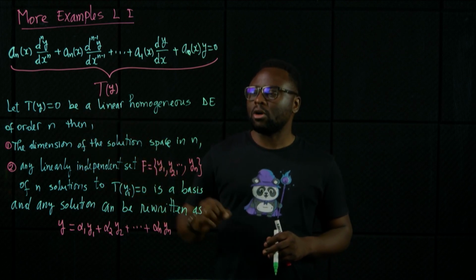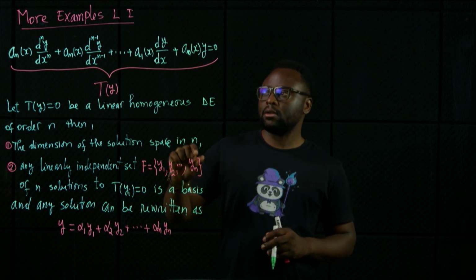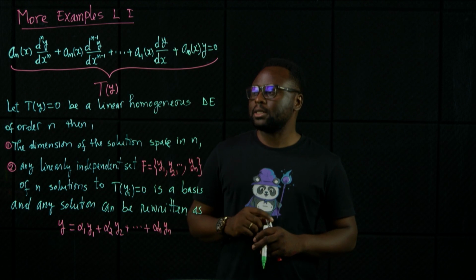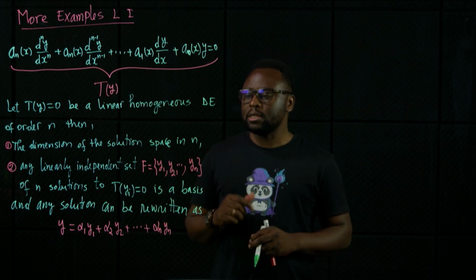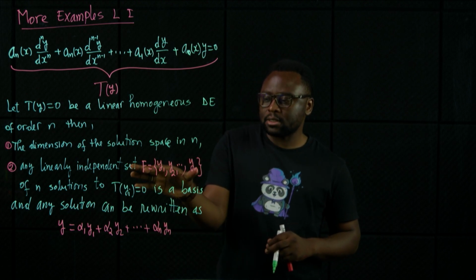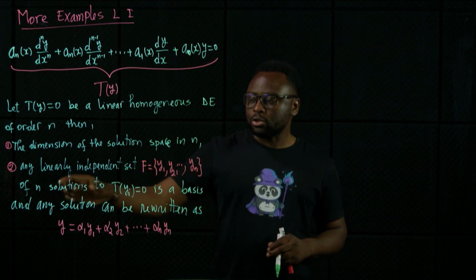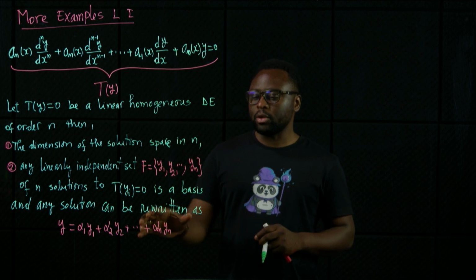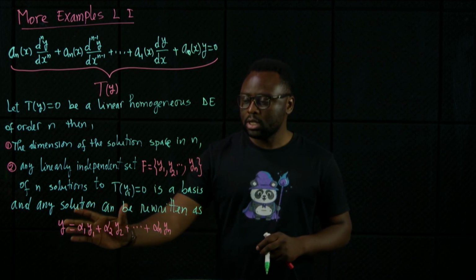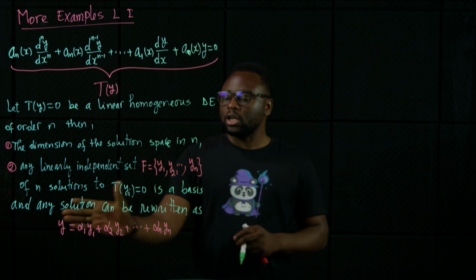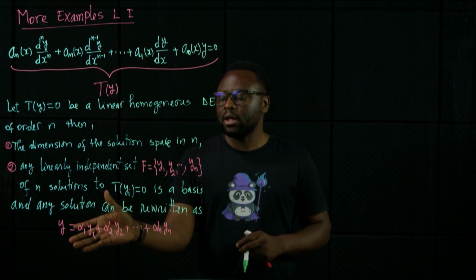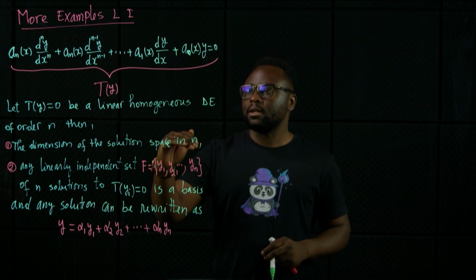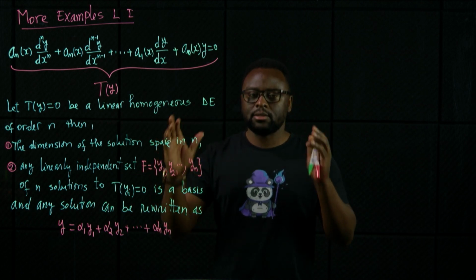The dimension of the solution space is n for this nth order equation, and secondly, any linearly independent set given by this capital F of solutions to T of y is a basis, and any solution can be written in this form. So we have the basis, we have the general form of the solution, and the dimension of the solution space is just n in this case. So you know your basis, you know the dimension.